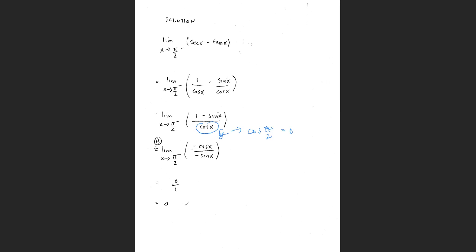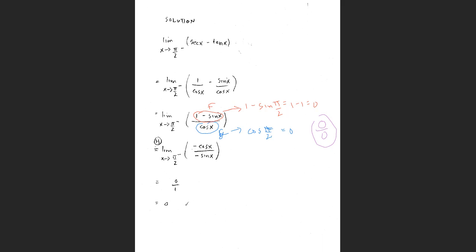Now my function f is 1 minus the sine of x on top. As x approaches pi over 2, that approaches 1 minus the sine of pi over 2, which is 1 minus 1, which is 0. And so you have another indeterminate form, 0 over 0.